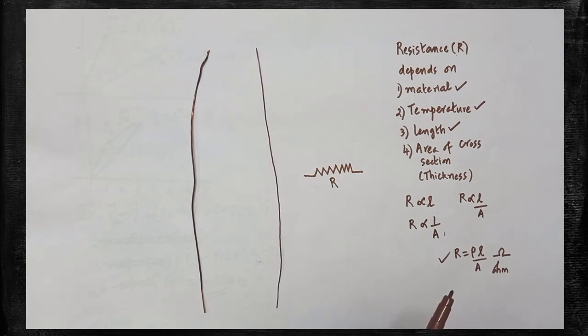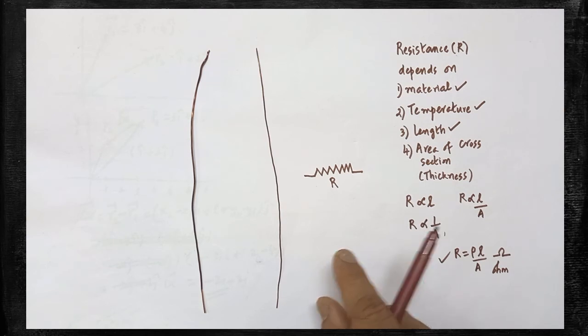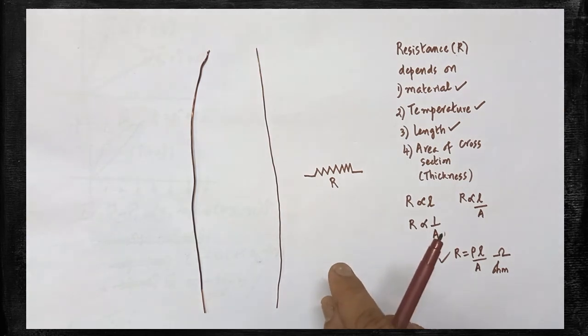What will the conductors do? Whenever current passes through the conductor, what will happen? The material will oppose the flow of current. That opposing nature of the conductor to the flow of current is called resistance. In Tamil it is called min tadai. Understood? So be thorough with the concept.